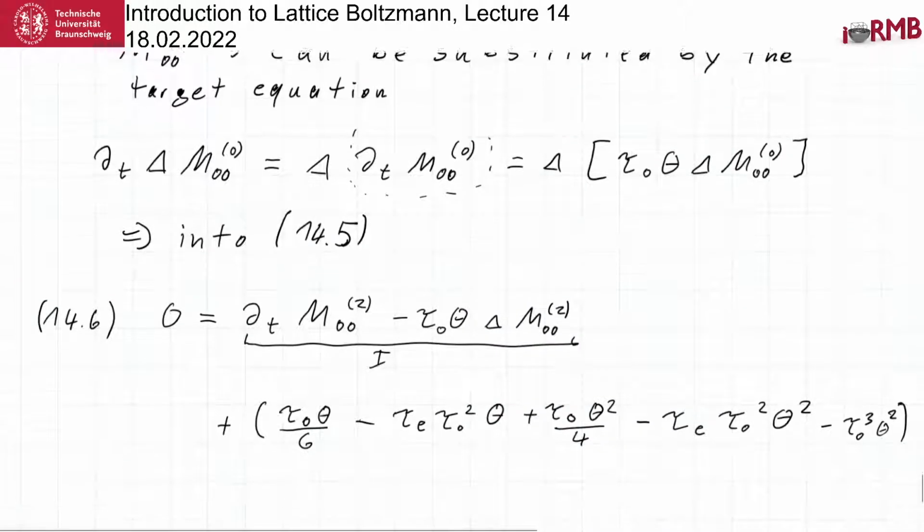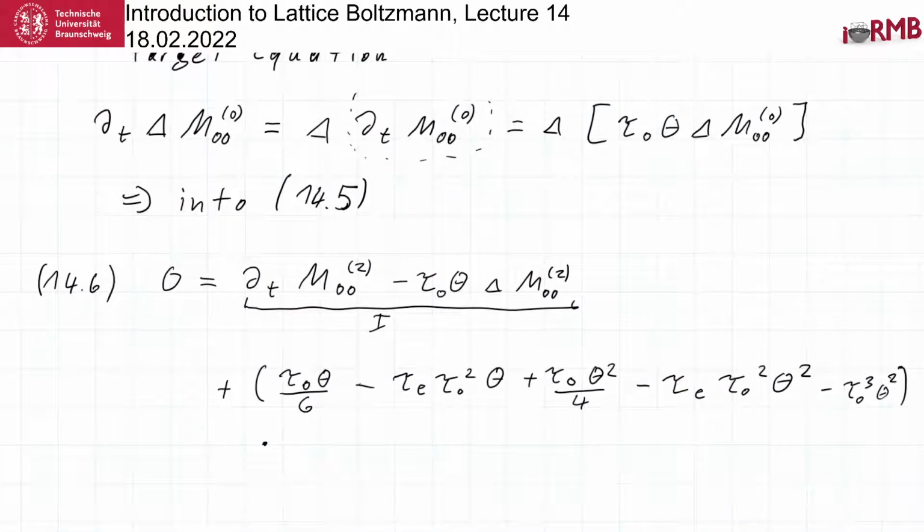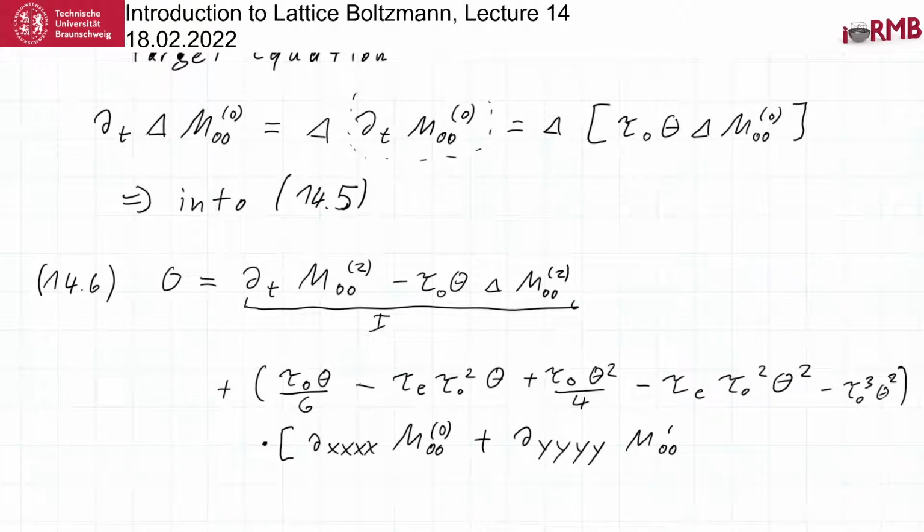So all of this is getting quite lengthy, and is multiplied with dxxxx, the fourth derivative of M00, the solution of the target equation, plus the fourth derivative in y direction of the same guy.